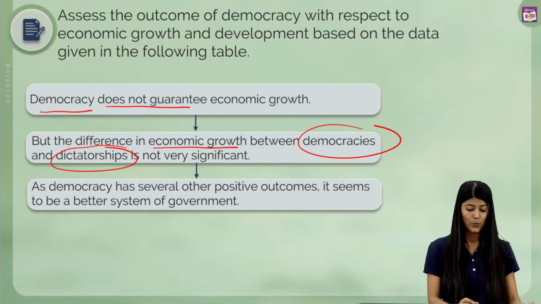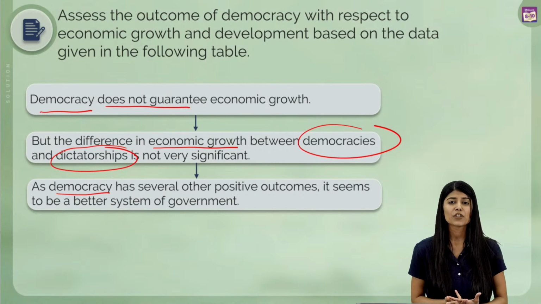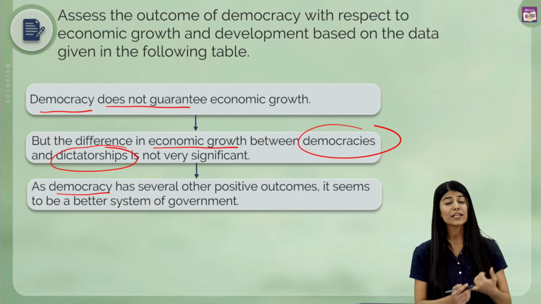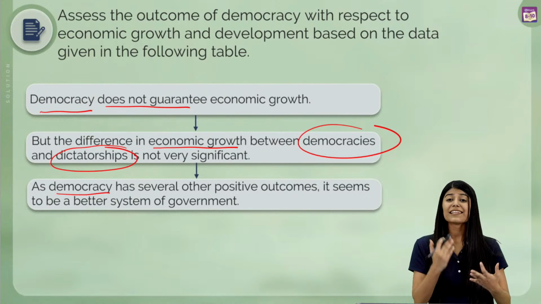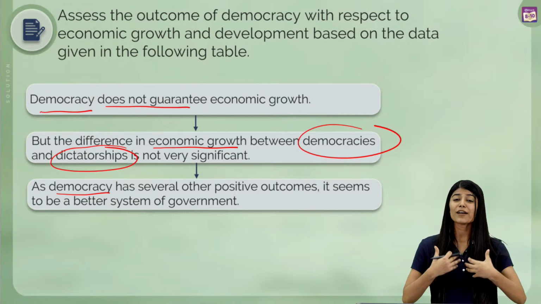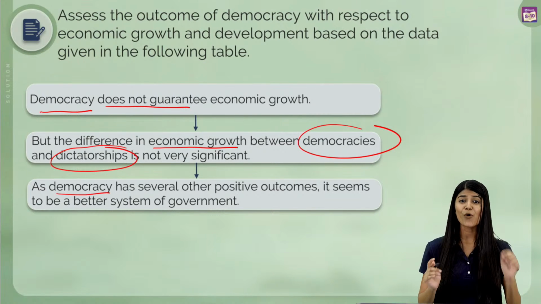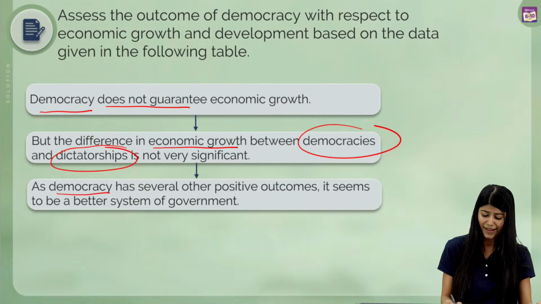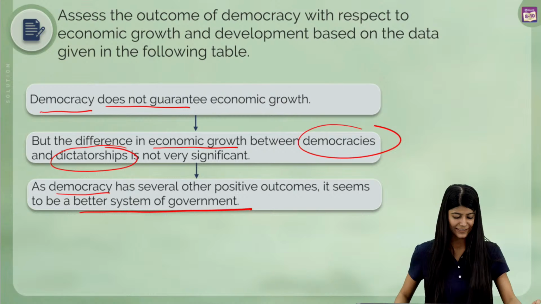And so we can come to a conclusion that democracy has many benefits for the people. That is its accountability, its responsiveness, its legitimacy, the right for us to speak freely, to express our views, and a lot more. And that is the reason why it seems to be a better system of government.